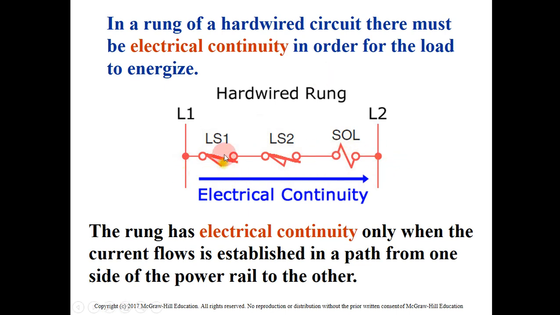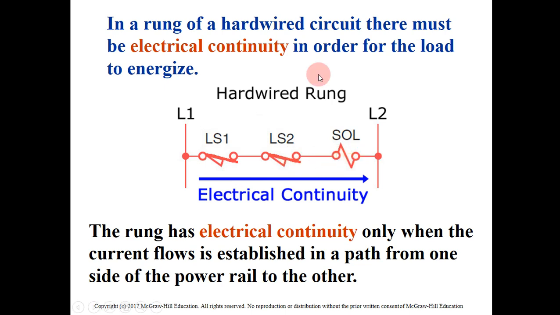If you have three instructions here, limit switch one, limit switch two, and a solenoid output, since these are connected in series, LS1 must be true, LS2 must be true, and then SOL will be true. Otherwise, if one of LS1 or LS2 is true while the other is false, the output will be false.